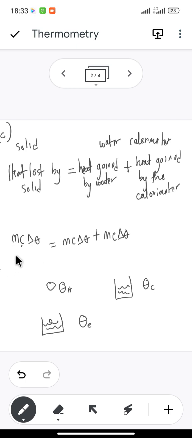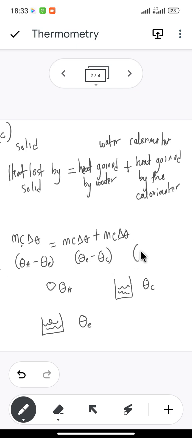So the change in theta you're going to use here is going to be theta hot minus the equilibrium temperature. You understand? For this solid, because it lost heat. But for these two, for the change in theta, you're going to use the equilibrium temperature minus theta cold.